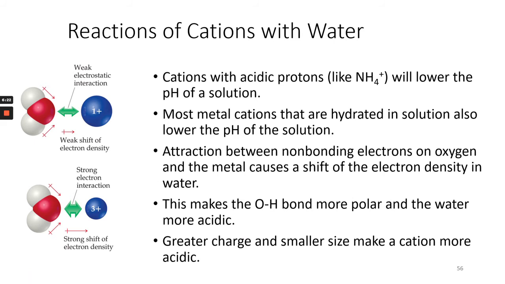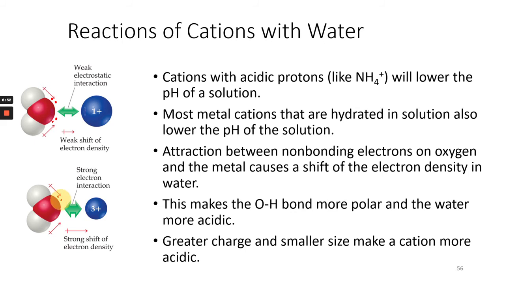So here is a close-up example. Cations with acidic protons, like NH4, will lower the pH of a solution. Most metal cations that are hydrated in solution also lower the pH of the solution. The attraction between the non-bonding electrons on the oxygen, your lone pairs here, and the metal causes a shift in the electron density in water.